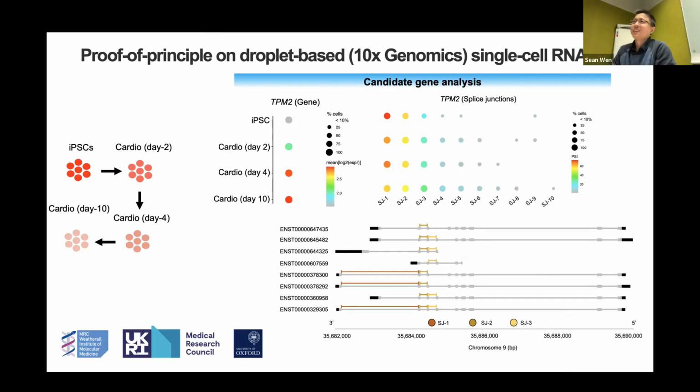Okay, so at the end of the day, gene expression is an aggregate of isoform expression. And so I think we should always begin our single cell analysis with gene expression.